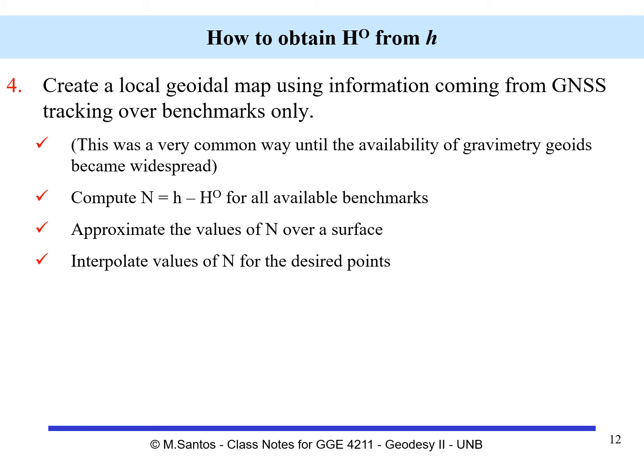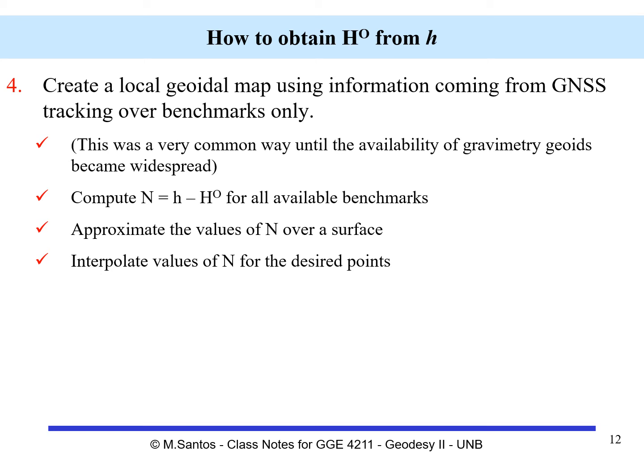What happens if we are working in a region where there is no information whatsoever, but let's suppose that you have good benchmarks? Something that was really widely used was just to build a geoidal map, a local geoidal map, using the geoidal height derived from GNSS on benchmarks only.